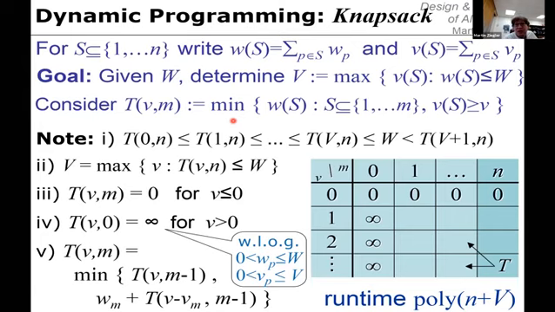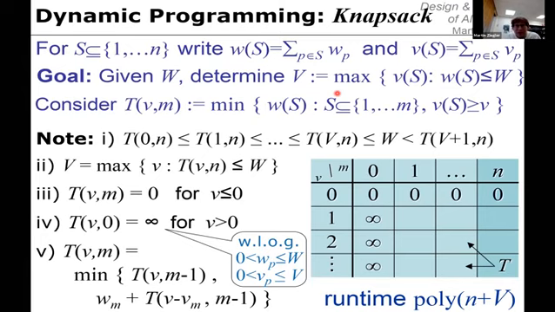So that's the common difference and distinction between binary length and value: it can be at most, in the worst case, exponential. And therefore also capital V, the value of the optimal solution, will in general be exponential in n, so this is not a regular polynomial time algorithm. It's an algorithm polynomial in the binary length n of the input, or the number of packets, let's just say, plus the value.